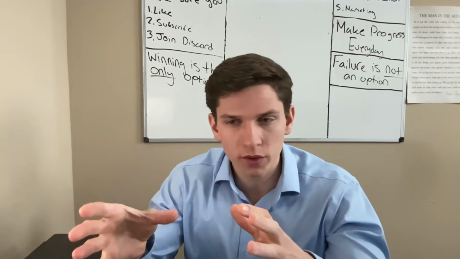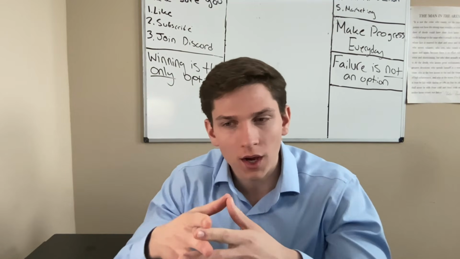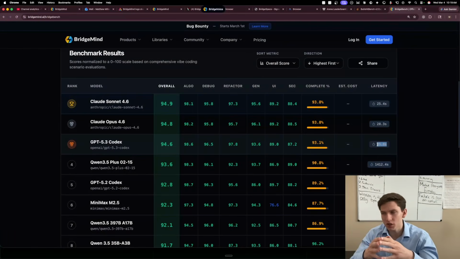I experienced this yesterday on stream with this speed issue, right? That's the trade-off that you're going to see with these coding agents: Codex is much slower than Claude. And you want to use Codex in your workflow in different areas. For example, it does perform better in refactoring and debugging.